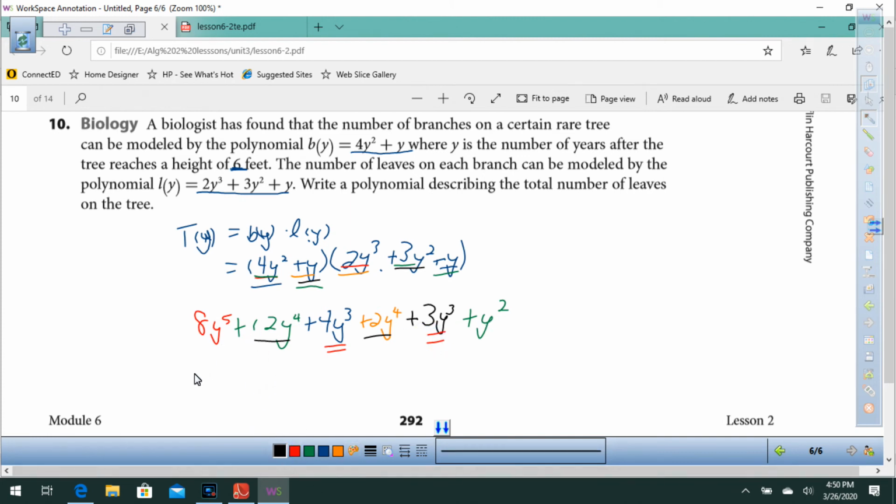So here's our answer. 8y to the fifth, and then 12 and 2 is 14, plus 14y to the fourth, and 3 and 4 are 7y to the third, and plus y squared. So the total leaves on the tree can be modeled by this function here: 8y to the fifth plus 14y to the fourth plus 7y to the third plus y squared.